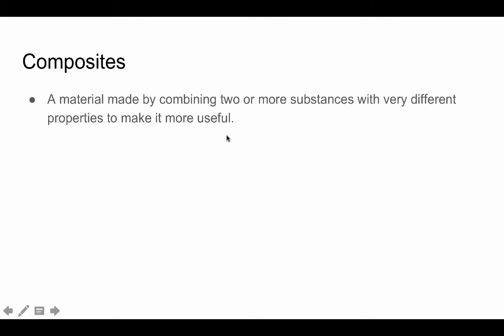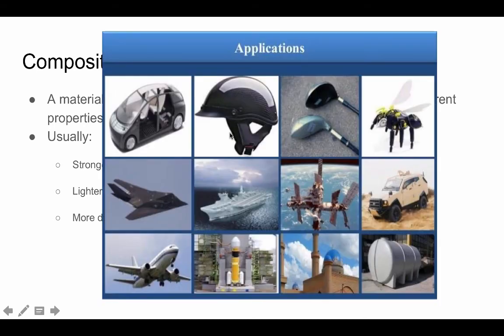And these are found in all sorts of different technologies. The different applications of composites are huge. You find composite materials in cars, in helmets, in golf clubs, in baseball bats, in airplanes, in ships.